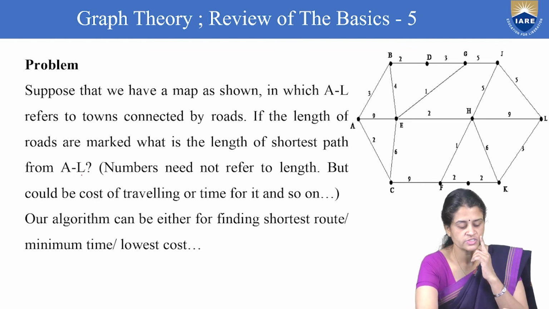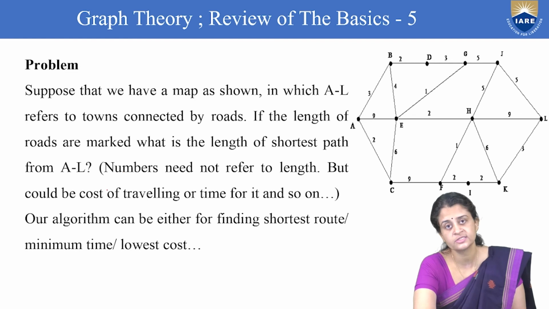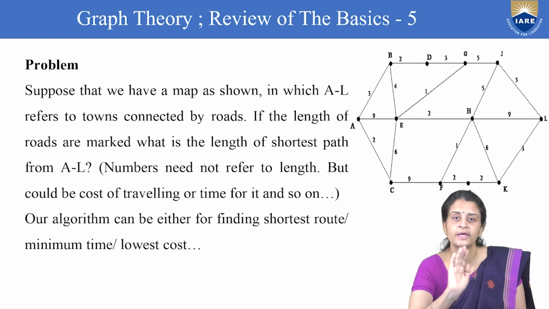If the lengths of roads are marked, what is the length of the shortest path from A to L? We have to find the shortest path. It can also be the measurement of paths, or the traveling time or traveling cost. So we have to find these things from A to L.